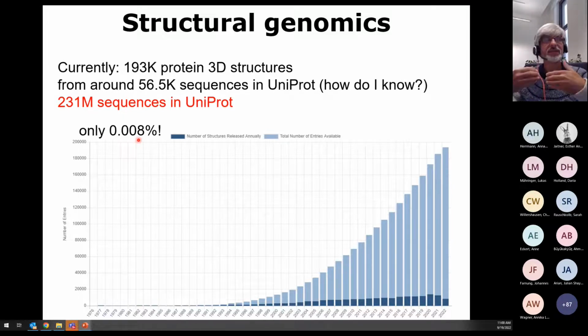And this is not too surprising. The point is that it is very simple to obtain sequences from organisms because sequencing has become extremely cheap. I mean, you can sequence your own genome for hundreds of euros.